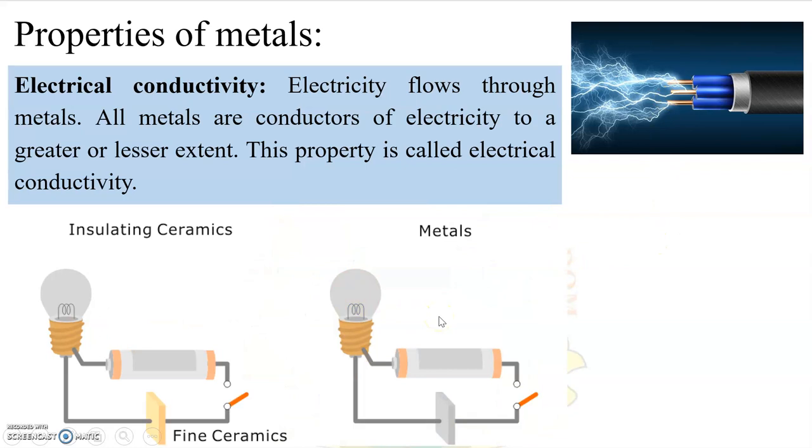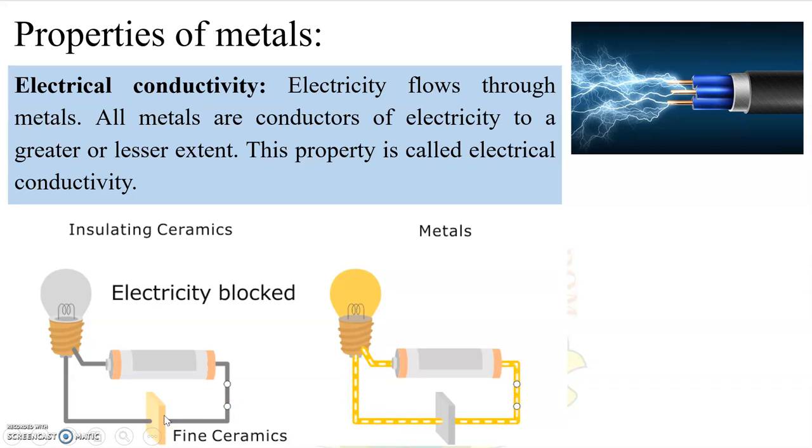In this picture, you can see two circuits. In one circuit, battery, bulb and a fine ceramic sheet are there. In the other circuit, battery, bulb and a metallic sheet are there. In the circuit with the ceramic, this sheet is an insulating material.